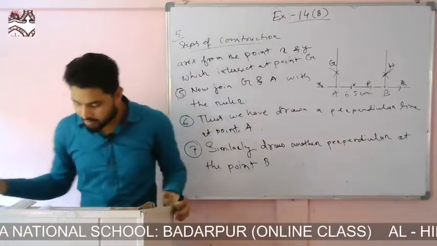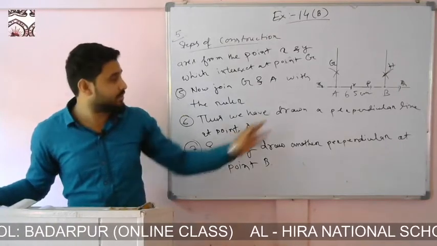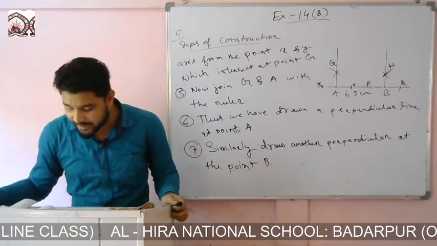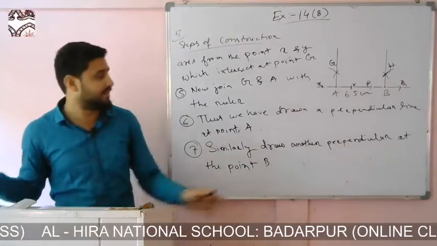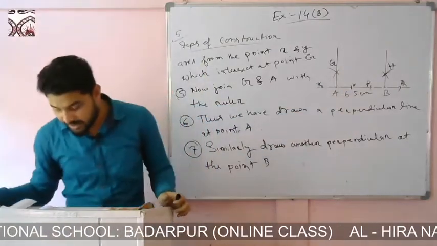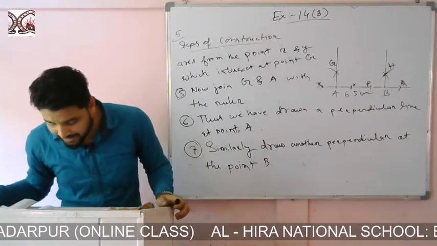Now come to the question. Draw a line segment AB of length 6.5. We have done. At each end of the line segment AB, draw a line perpendicular to line AB. We have drawn. Are these two lines parallel?